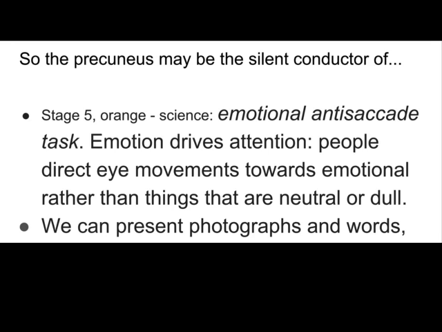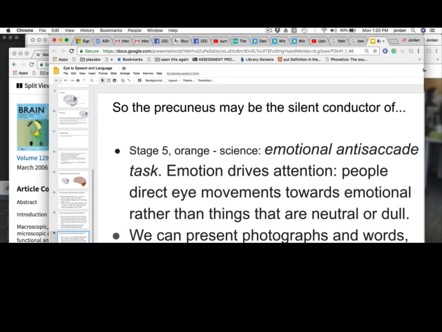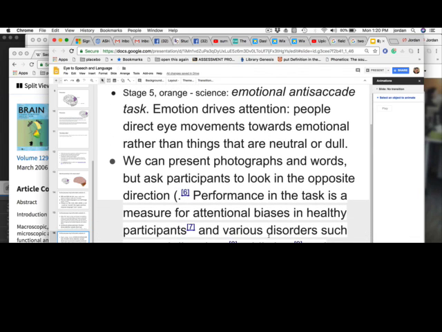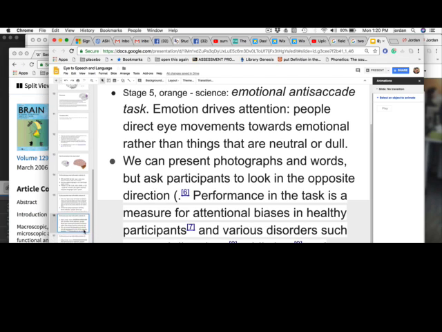So the emotional anti-saccade task is used a lot with diagnosing disorders, but we're just looking at the idea that emotion drives attention, and you direct your eye movements towards something that's interesting. So the idea is how we use this with patients and also with corporations is we present photographs and words, but we ask people to look in the opposite direction if we're looking to see if there's a disorder in terms of mood or addiction or social anxiety.